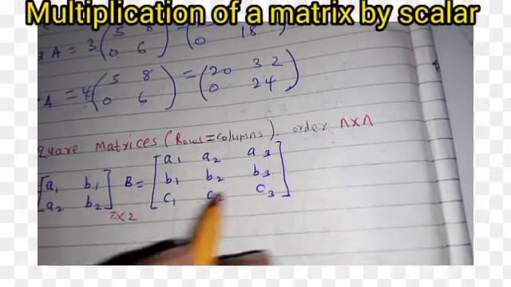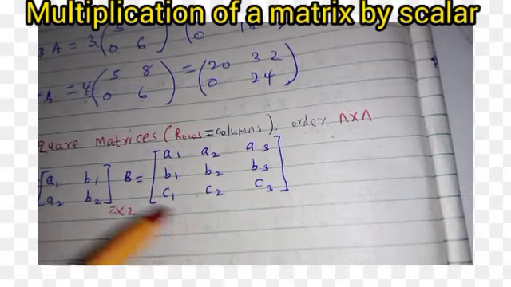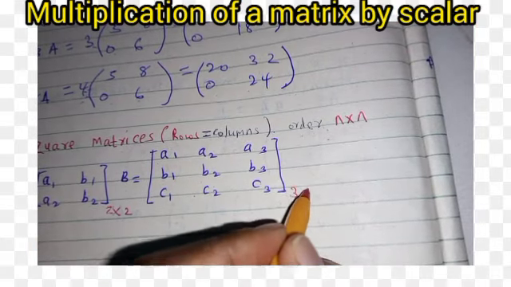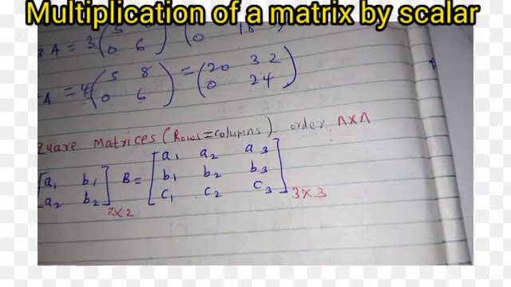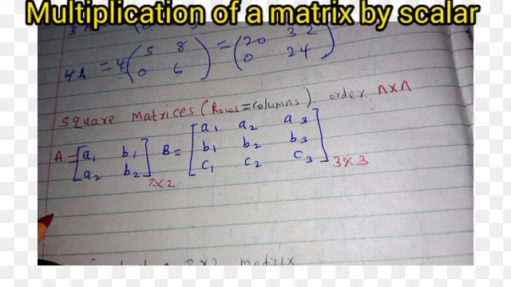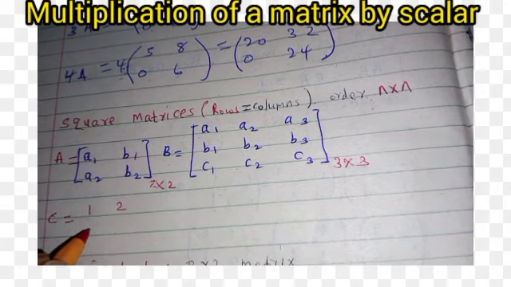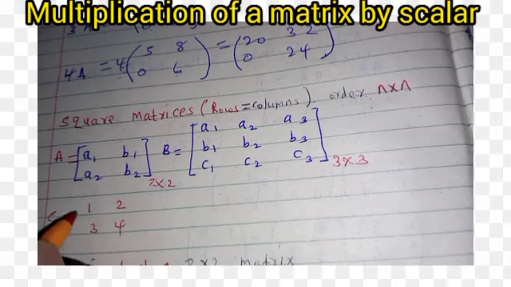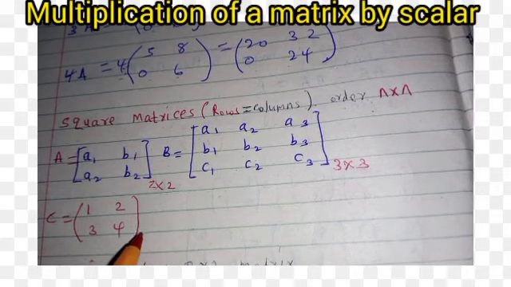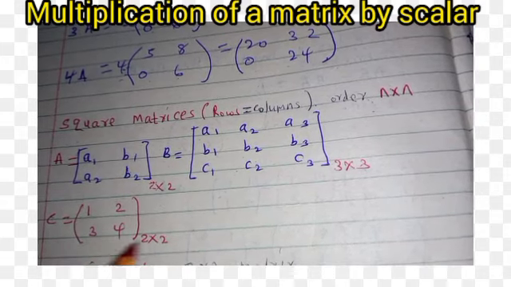This other one here, we have 3 rows and we have 3 columns. So this is a square matrix of order 3, 3 by 3. Also, you could have another matrix here of this nature. This is a square matrix of order 2, because the number of rows is equal to the number of columns.